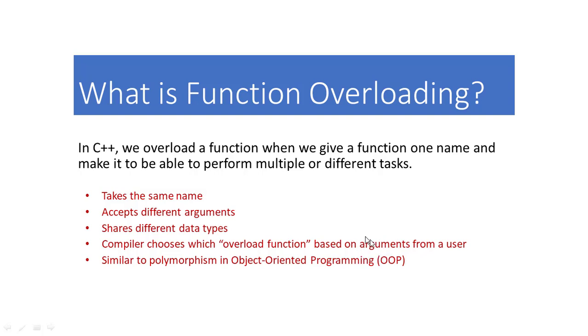It is the number of arguments that the user passes to the function that determines which one the compiler is going to choose. This concept is similar to polymorphism in object-oriented programming.